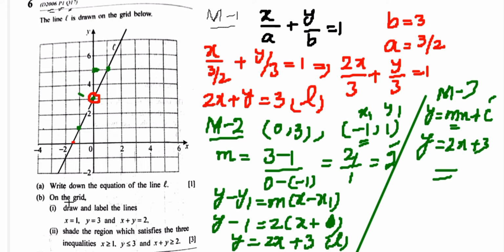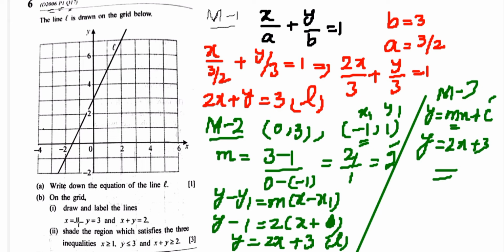Okay, draw and label the lines. Next we have to draw and label the lines. x is equal to 1. Where is x is equal to 1? Here. I have to draw x is equal to 1.